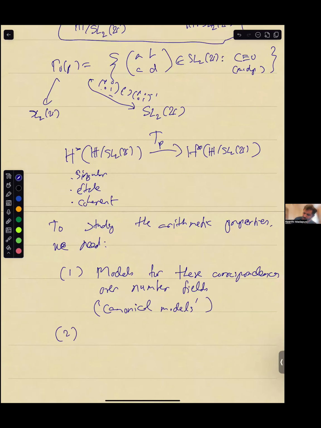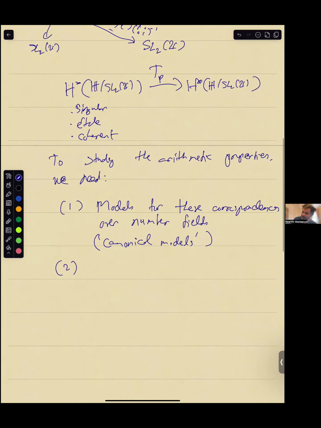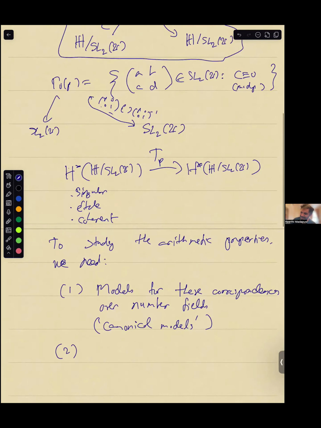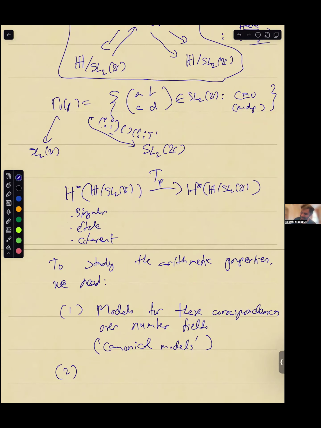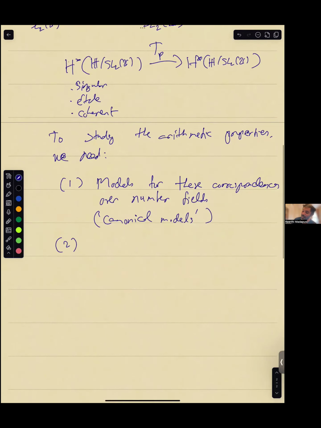But to really study what's happening, we also need to understand the mod P behavior of these correspondences. In other words, we want to understand what's happening with respect to something like Frobenius mod P. This P need not be the same P as this, but that's when it's geometrically interesting.